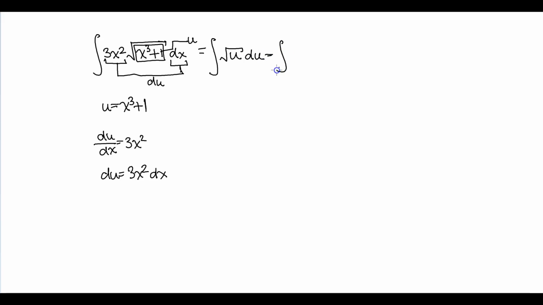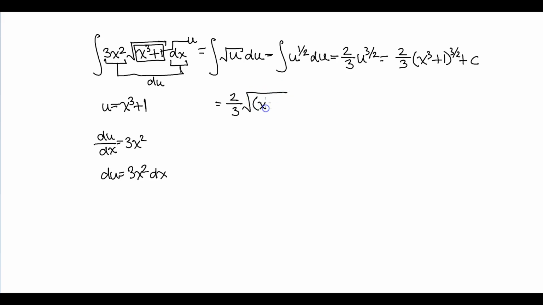And if you take that integral by turning it into a fractional exponent and applying the inverse power rule on it, you would get 2 over 3 times u to the 3/2 power, and substituting back, we get 2 over 3 times x cubed plus 1 to the 3/2 power plus c, which you can rewrite as 2 over 3 times the square root of x cubed plus 1, cubed, plus c.